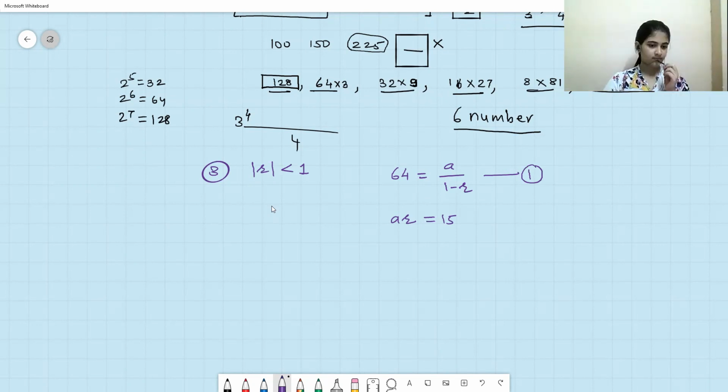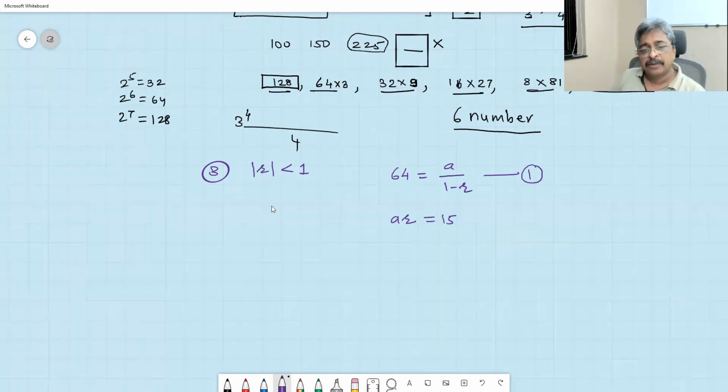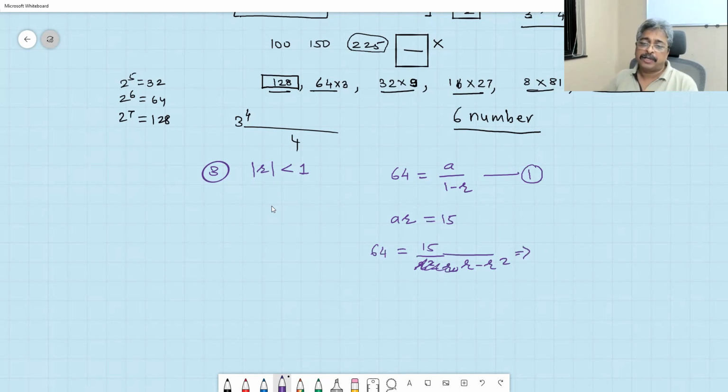So A is equal to 15 by R. If we put here, 64 is equal to 15 upon R minus R square. That gives us a quadratic equation, 64 R square minus 64 R plus 15 is equal to 0.